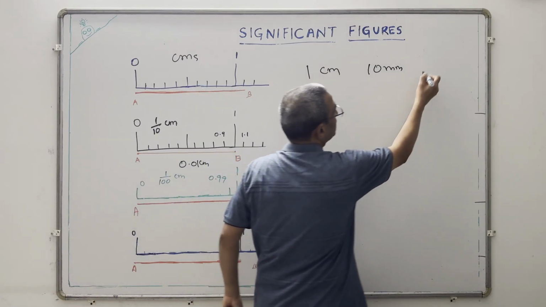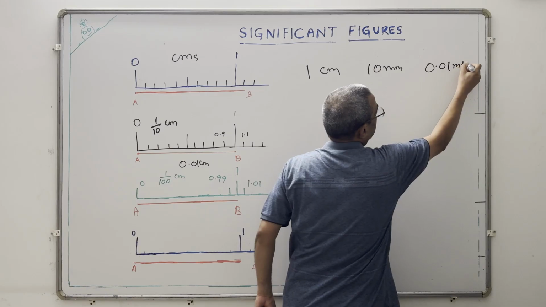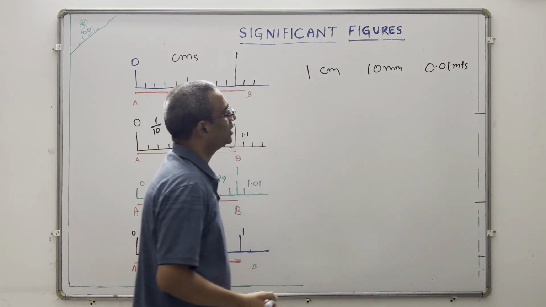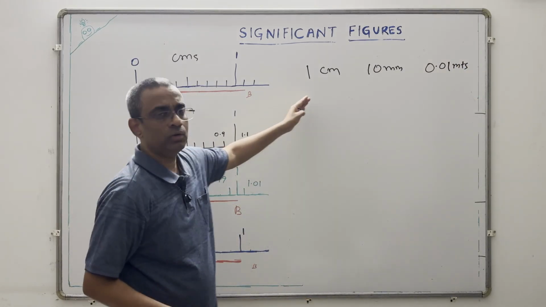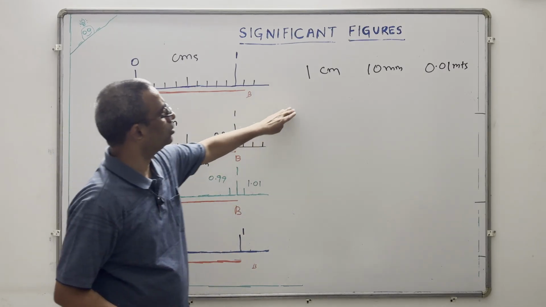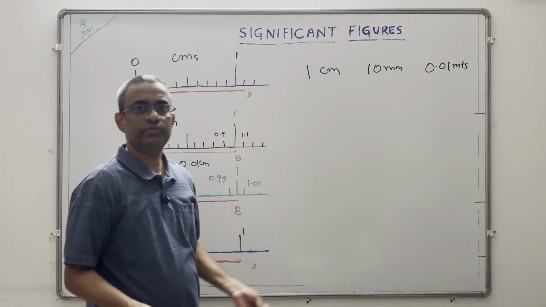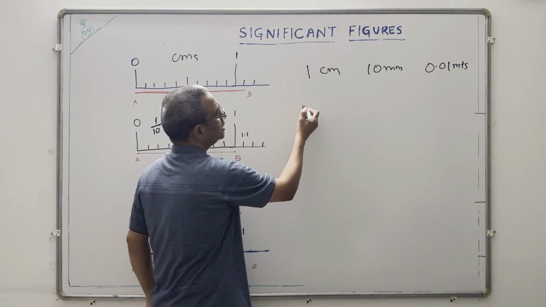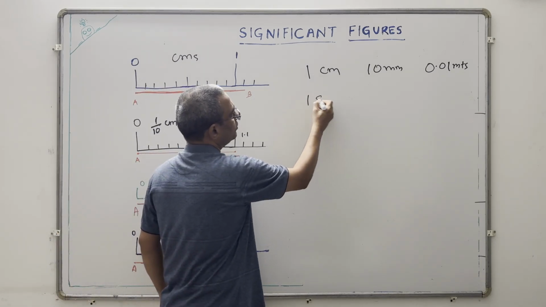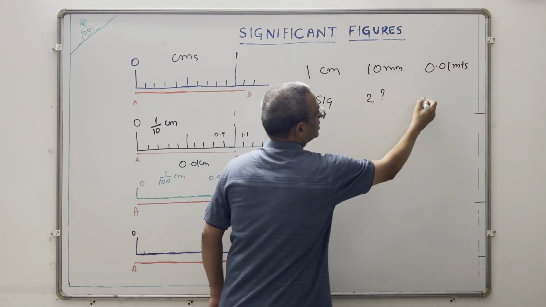And another student has given it as 0.01 meters. Now we don't know, somebody who doesn't know what scale was used and is only looking at these measurements, and if you have to come up with the significant figures, this seems to say it is one significant figure, and this one, is it 2, is it 3?